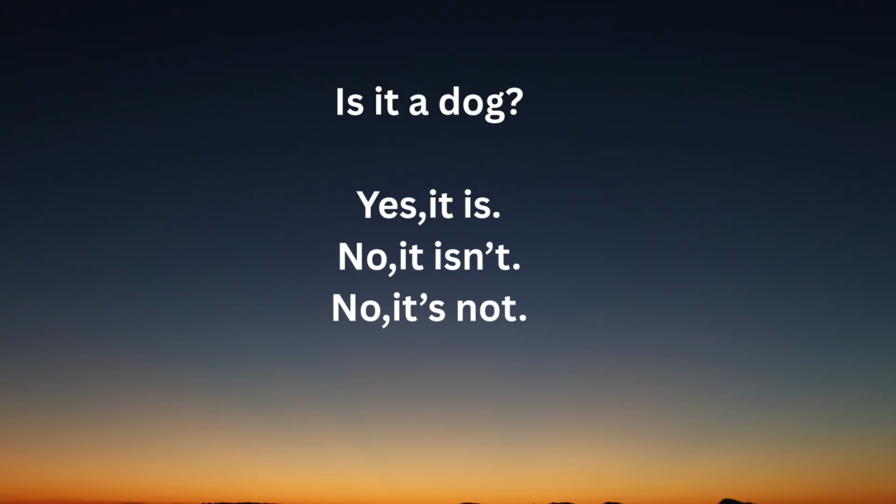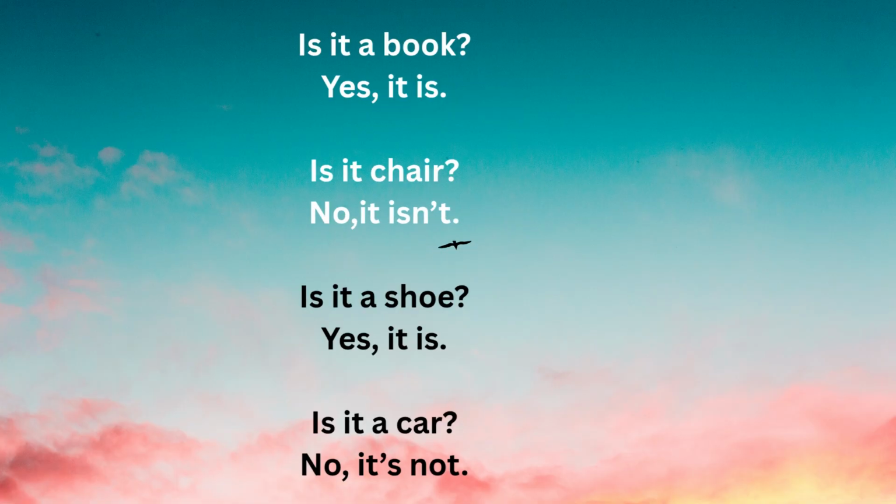So again, remember we have these two answers for no. But they are both common and they are both okay to use when you say no. We are going to look at some more examples. Please make sure you follow and repeat after each one.